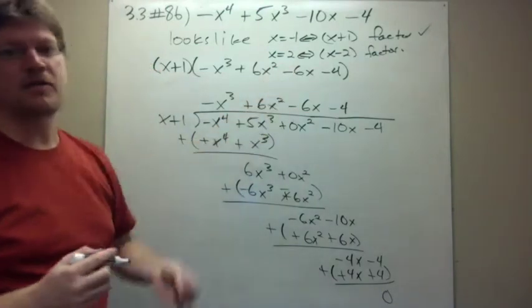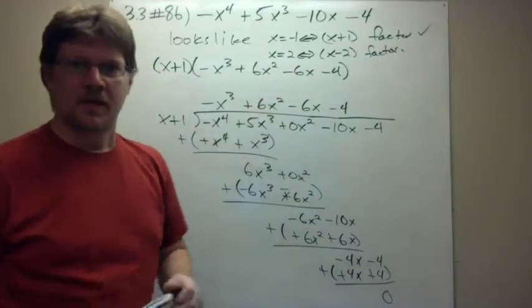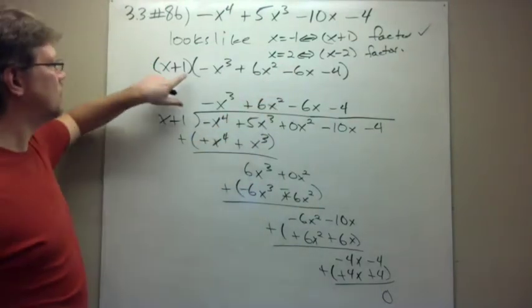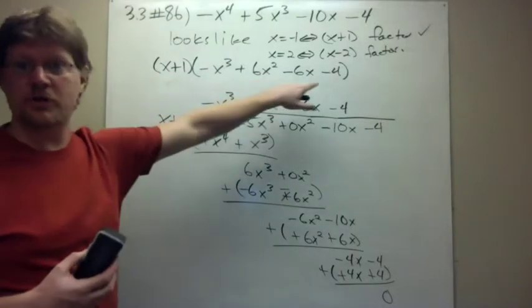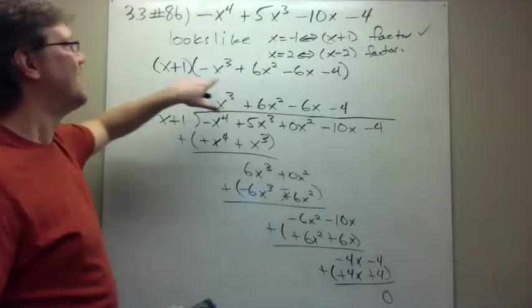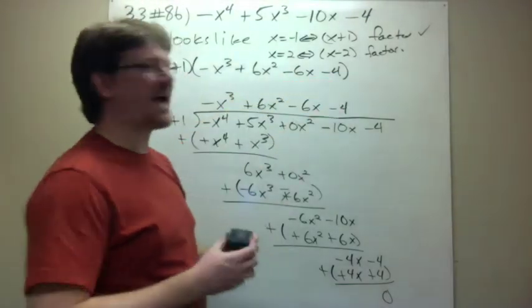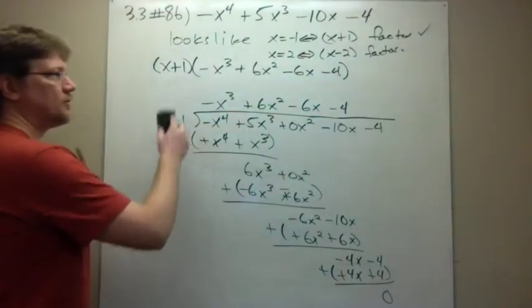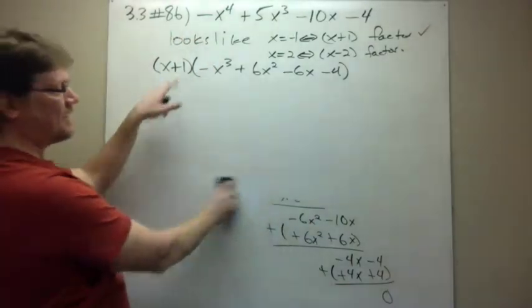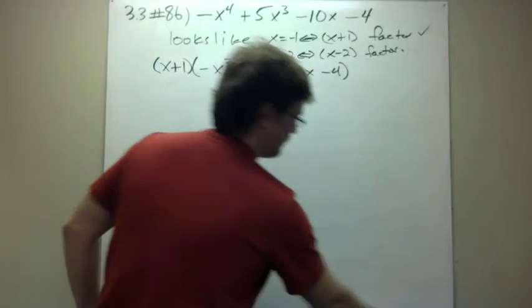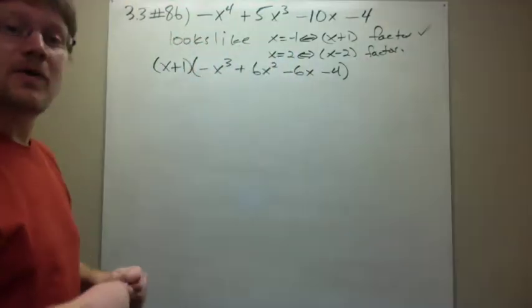I have not used x minus 2 yet. But now I know that the x minus 2 is not going to divide this thing nicely at all, but it should, if it is a factor, divide the remaining cubic. 2 has to be a 0 of the remaining cubic since it's not a 0 of this thing. Alright, so let's divide that out.